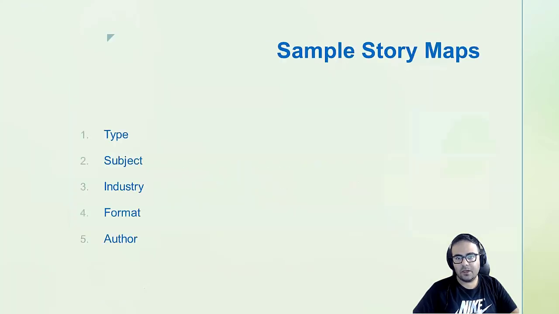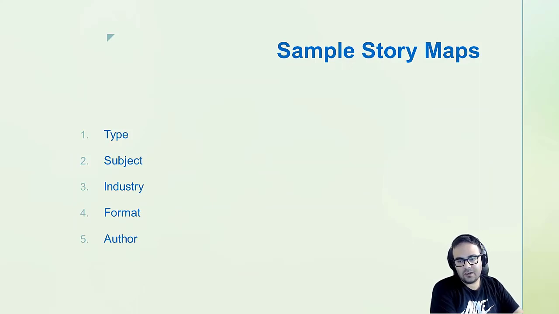And you can also browse through the samples of the story maps based on different types or subject, industry, format, author. And the reason you can take advantage of that is that there are so many good story maps that you can possibly get ideas from, and that is going to be very helpful in many cases.